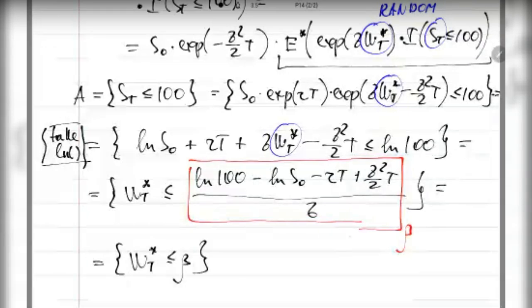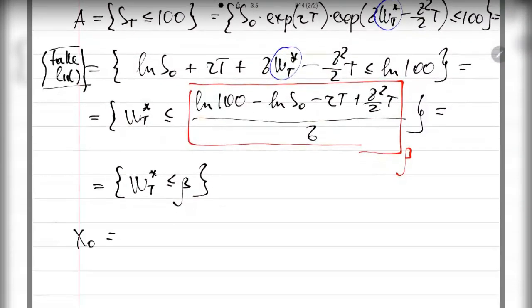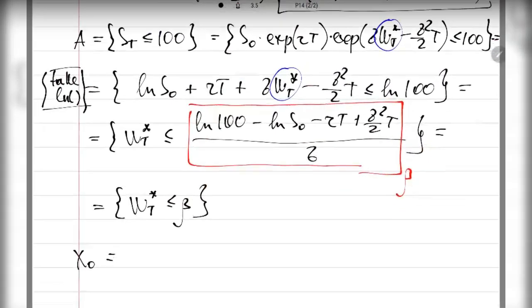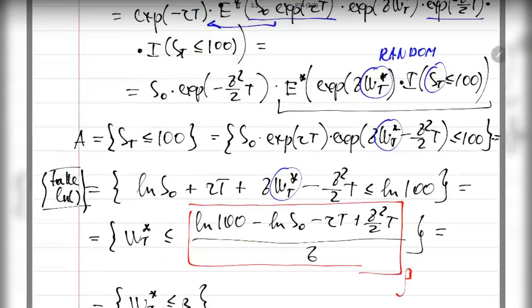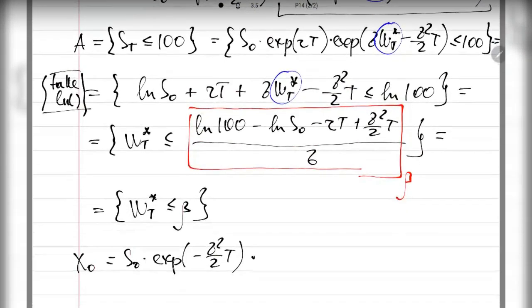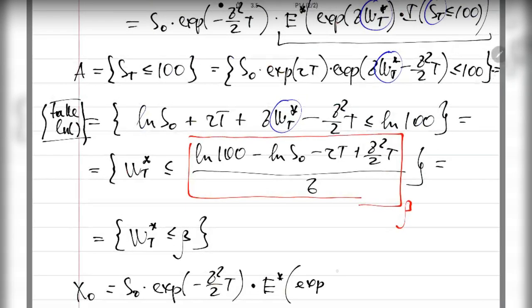Let's go back to our x0. Our x0 is S0 times exponent minus sigma squared over 2 times T, multiplied by expected value star of exponent sigma WT star multiplied by the indicator that WT star is less than beta.